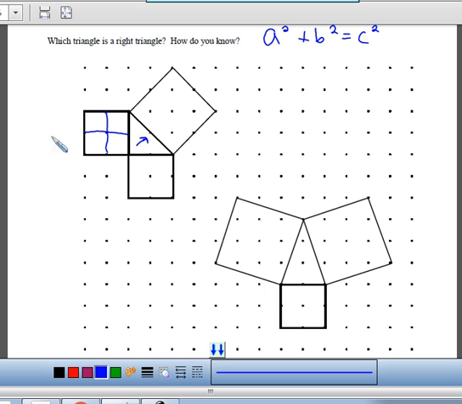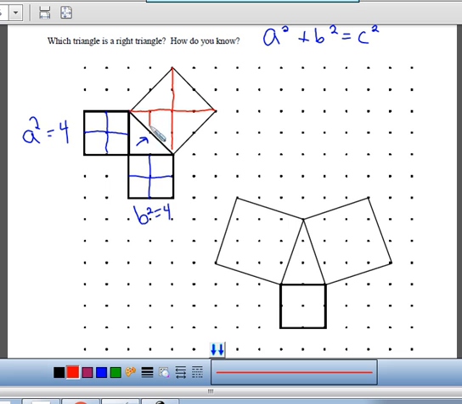Now, if I connect the dots and create the squares, side a is 2, but that makes a squared equal to 4. And side b, b squared is also equal to 4. And then, now you might be saying, well, what are you going to do about that one? Actually, watch what I do. I'm going to connect horizontally and then vertically.